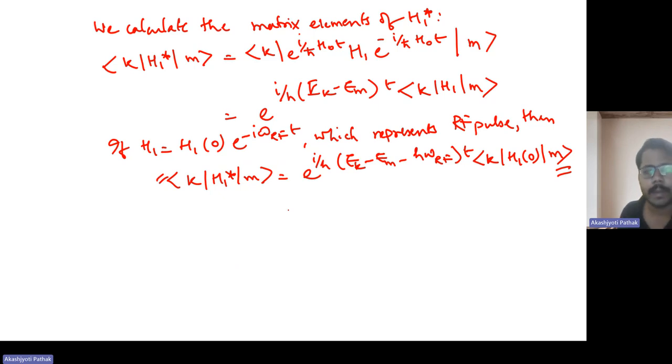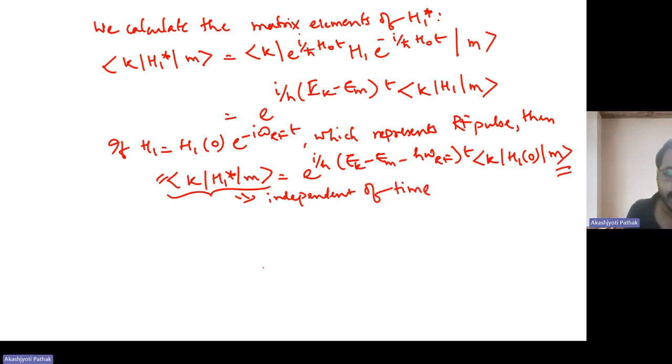Thus the matrix element can be assumed to be independent of time in that condition.